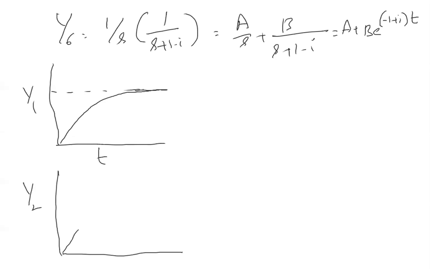Y2 will be continuously increasing. It reaches a steady state, something like this. This is 1 minus e power minus t. This is continuously increasing e power t minus 1 with respect to t.